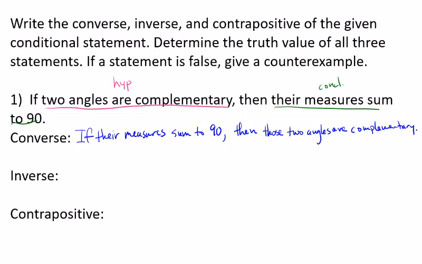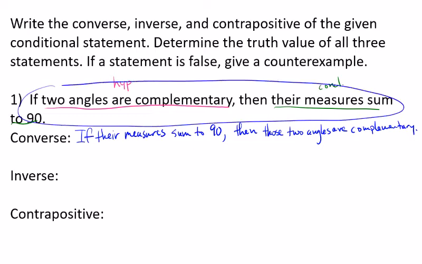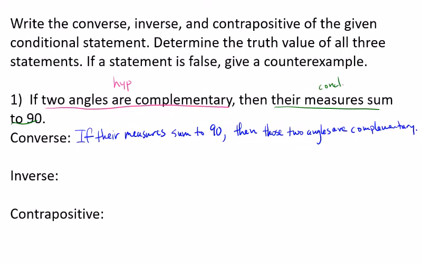All right. So then the inverse. So now I'm going to keep the same order as the original, keep the same hypothesis and conclusion, but now I'm going to negate each, right? I'm going to put if not, right? If the two angles are not complementary, then their measures do not sum to 90, right?